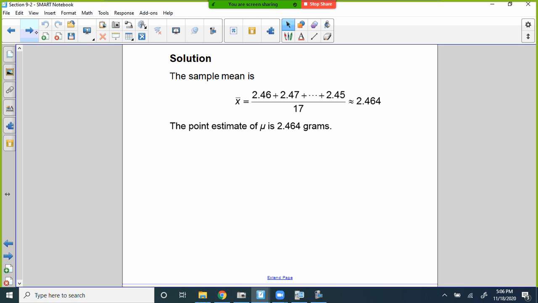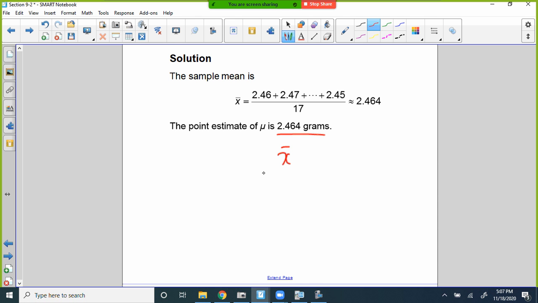Well, we can look at that and say, okay, the sample mean is, if we just add all of them up and divide by 17, 2.464. So the point estimate of the mean is 2.464. Now that's going to be X bar, okay? That's going to be the mean of our sample.